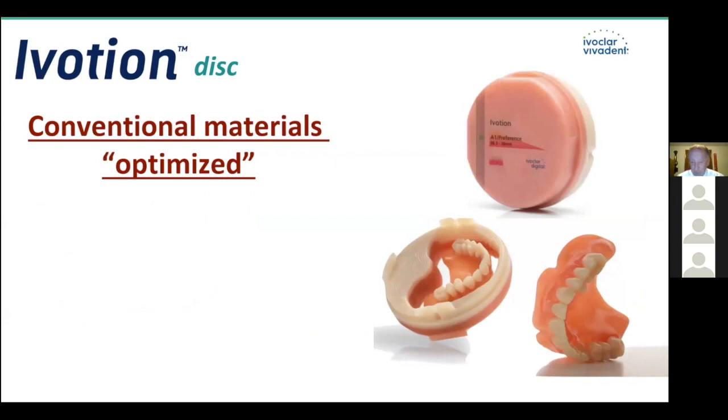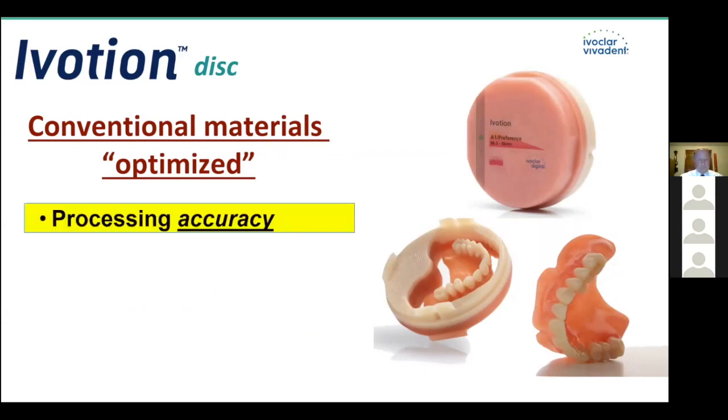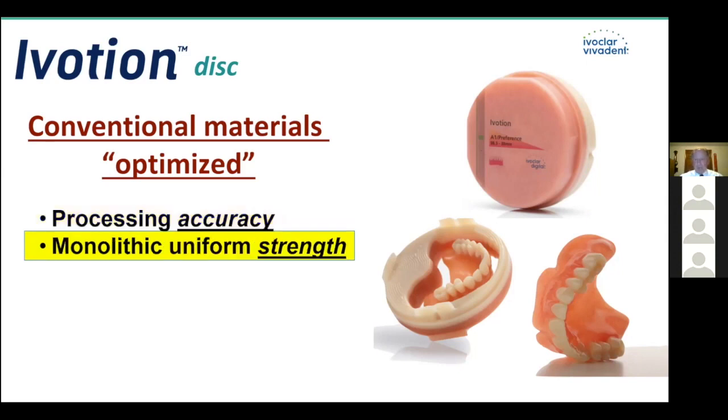So in a nutshell, what the company has done is they've taken conventional materials, the traditional materials we've used for eons, and optimized the physical properties. When it comes to accuracy, it's as accurate as this material can be processed. The strength, the monolithic nature of this, it is as strong as this material can be.